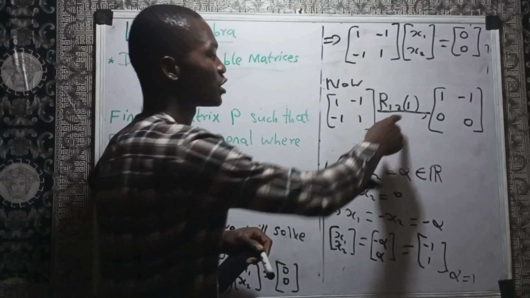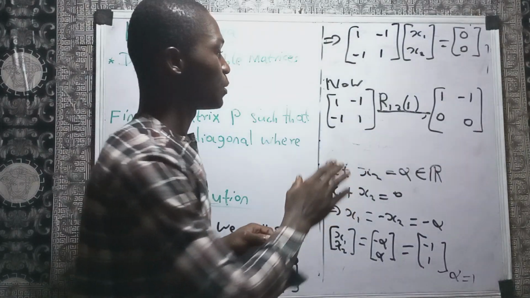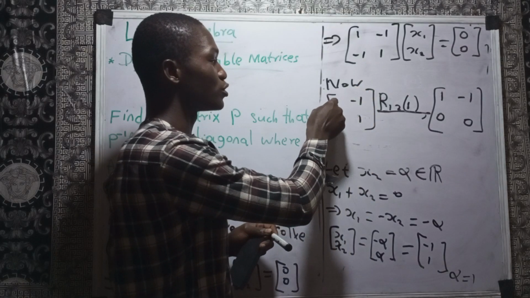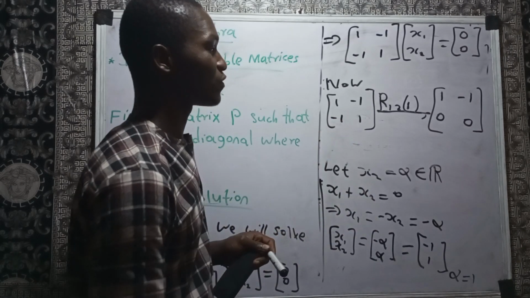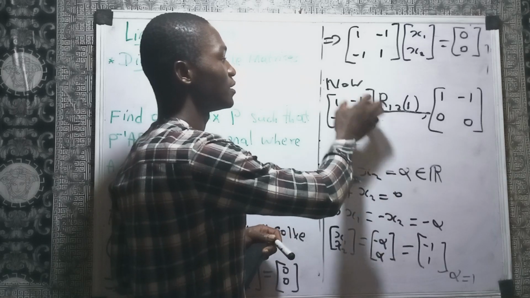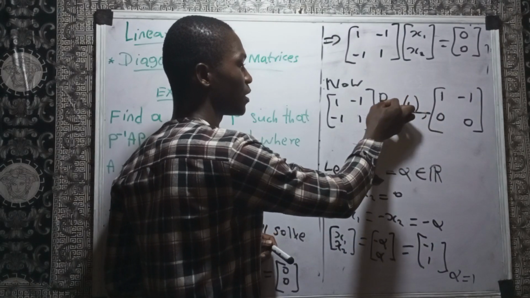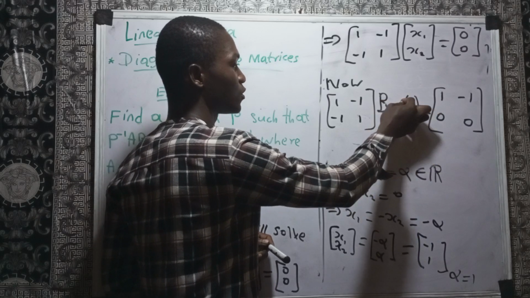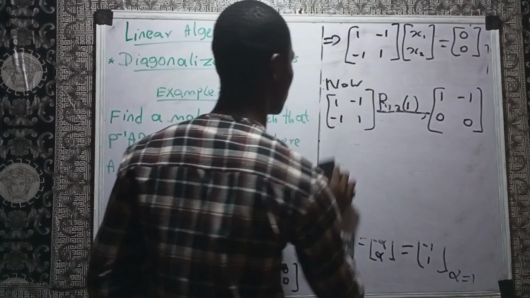We multiply by 1 because we don't want row 1 to change. We want to add it directly to row 2, so that positive 1 plus negative 1 gives us 0. This is what we did, so we have reduced that matrix.